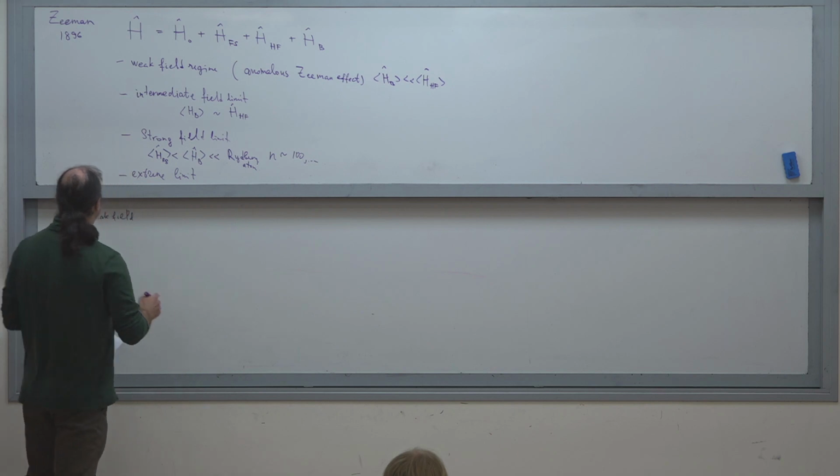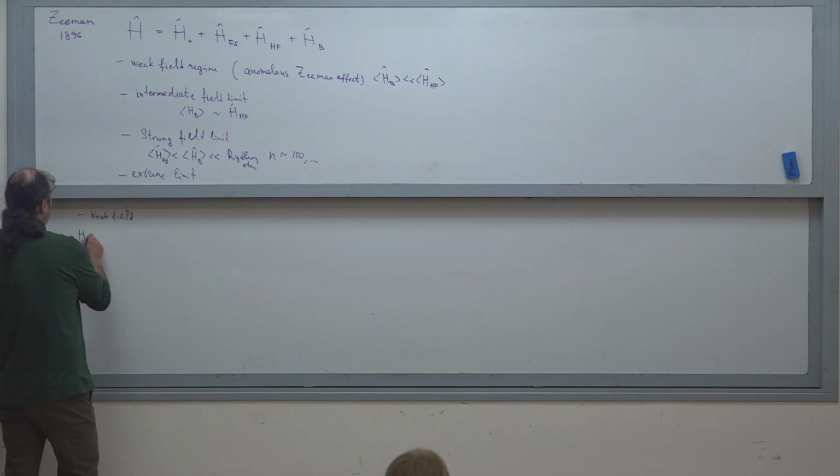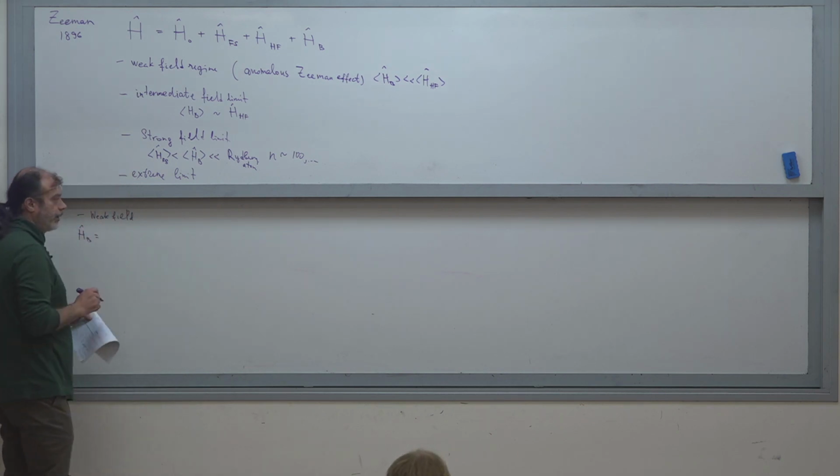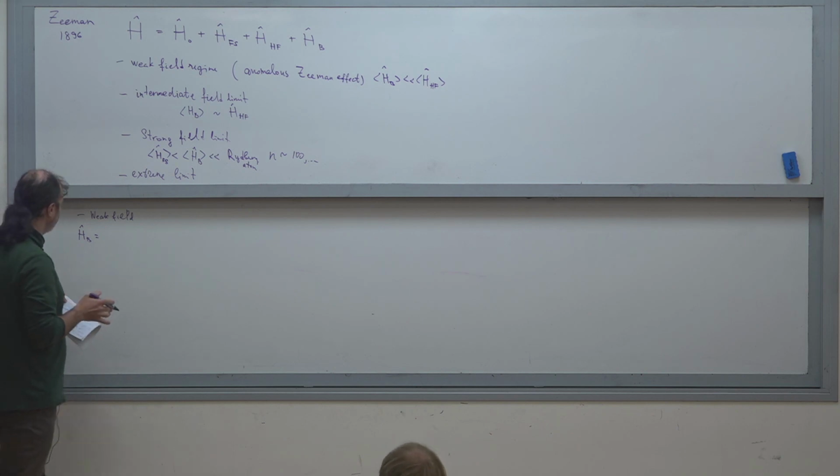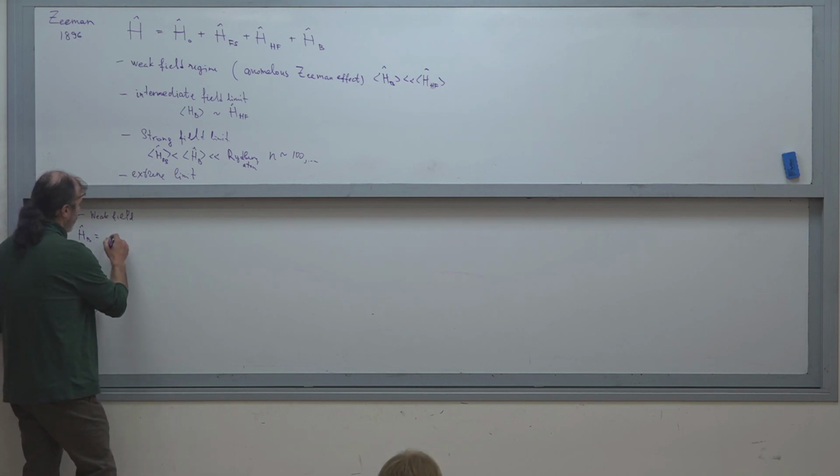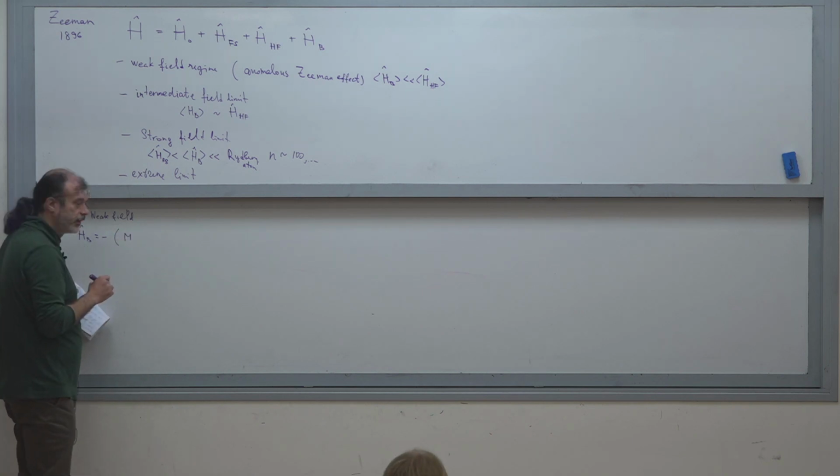So we know how to write the Hamiltonian of the interaction of the magnetic field. Essentially, this Hamiltonian is minus all magnetic moments which are involved in the story.